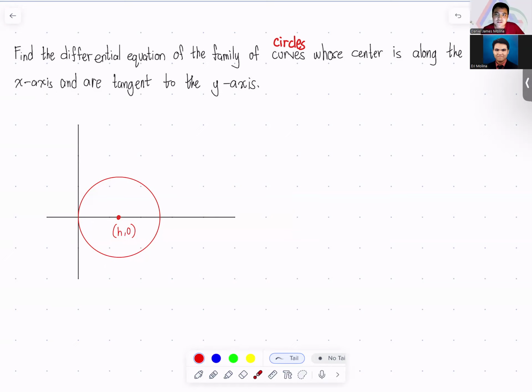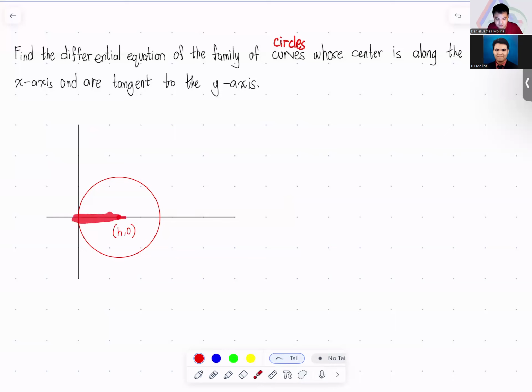Of course, if we have a circle, we need a center and we need a radius. But we cannot conclude that the radius is also an arbitrary constant. Why? As you may notice from the figure, this is a radius.